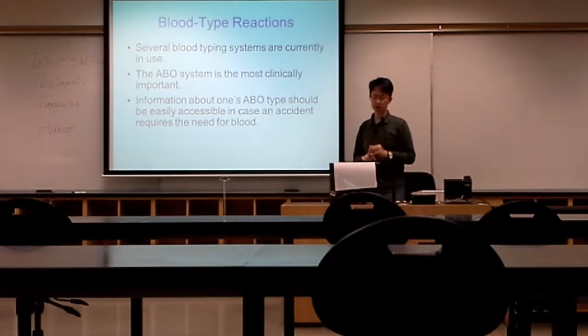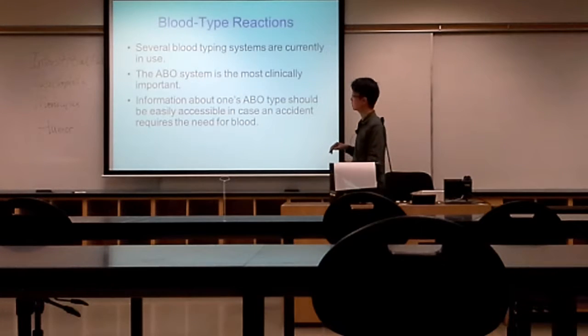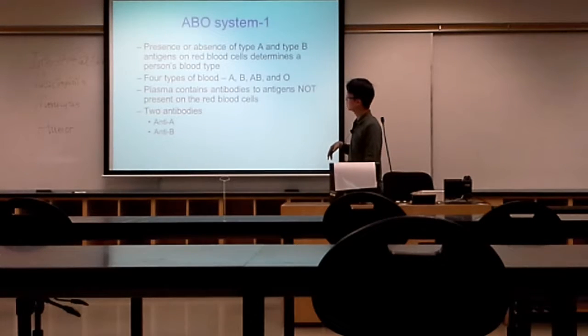So, blood type reaction. We talked about blood type when we went through genetics, so I will go through these few slides really quickly. We have A, B, O types, and because we have antibodies in the blood, if you are type A, you have antibody B in your plasma.